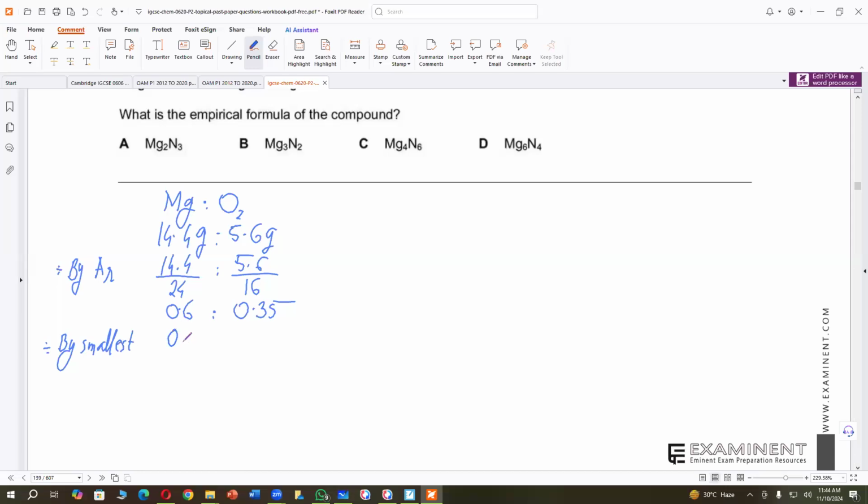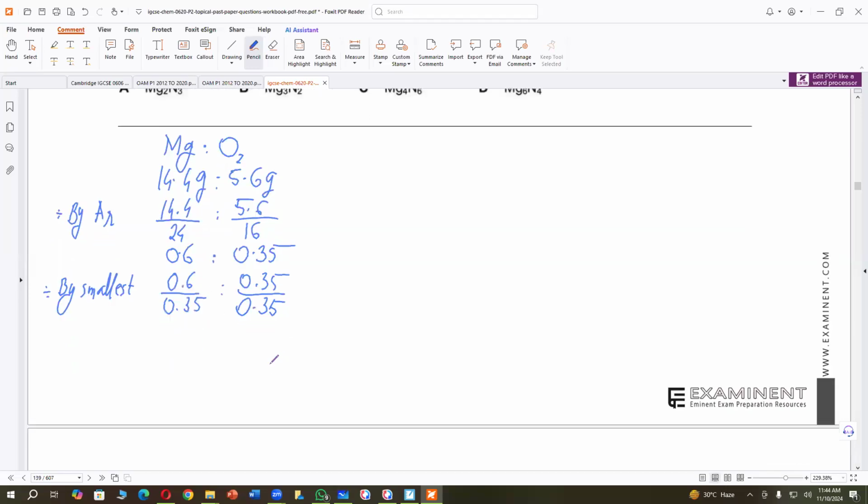Divide by the smallest. Can you divide by smallest now? 1.7 ratio 1. So 2 ratio 1.